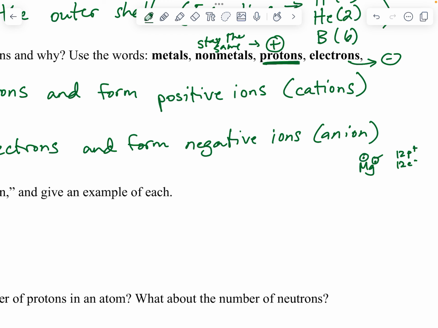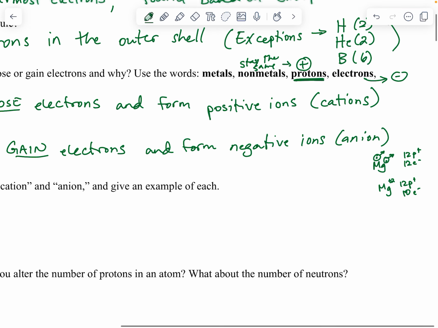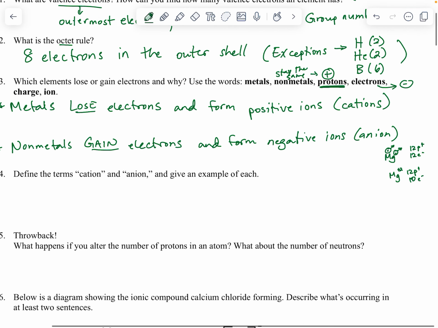Now, these 2 electrons, it wants to lose them because then it'll feel full due to its inner shell. And it'll transfer them to a nonmetal that wants to gain. When that happens, magnesium still ends up with 12 protons but ends up with 10 electrons total, and because we have 12 positives still, we are more positive by 2 because we have 2 fewer electrons. So that's the idea behind why lose means positive, gain means negative.